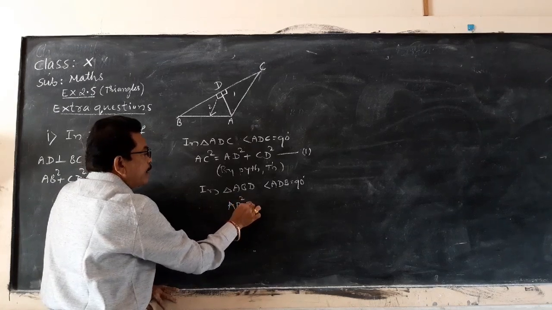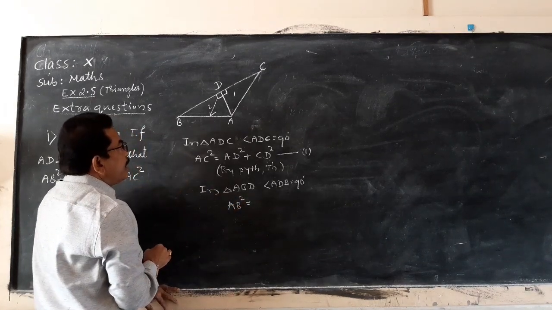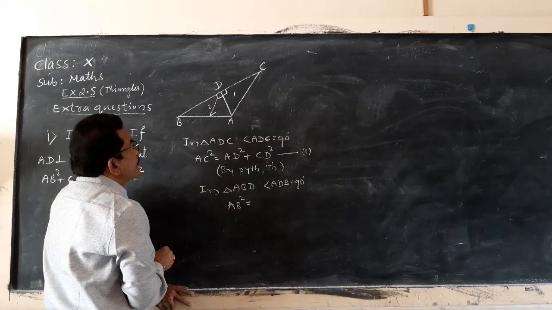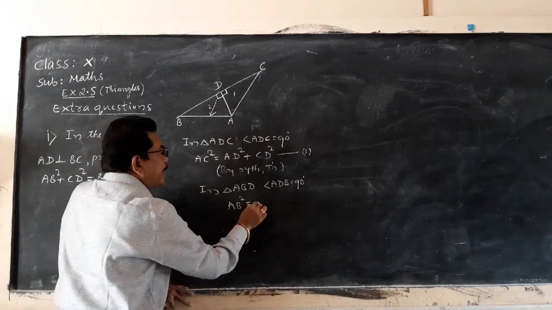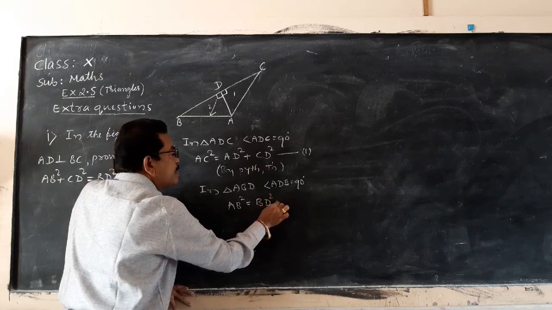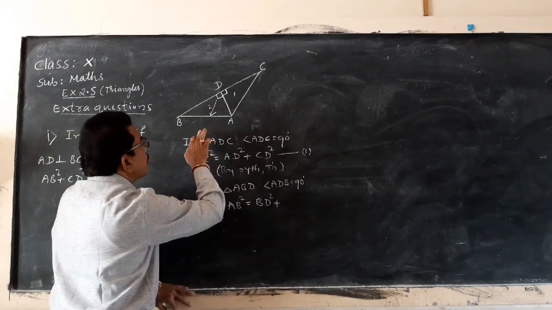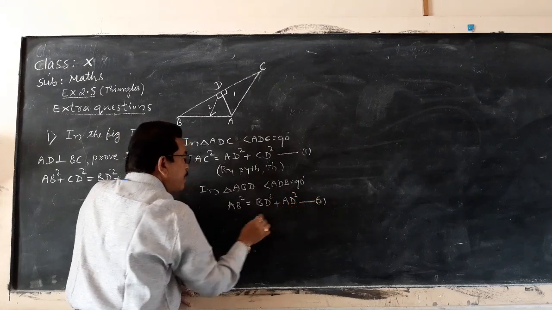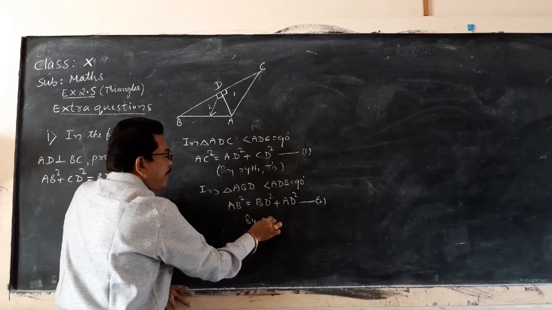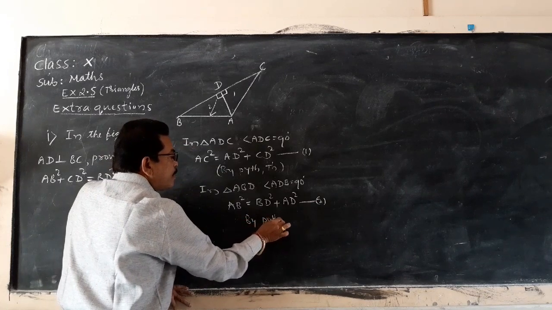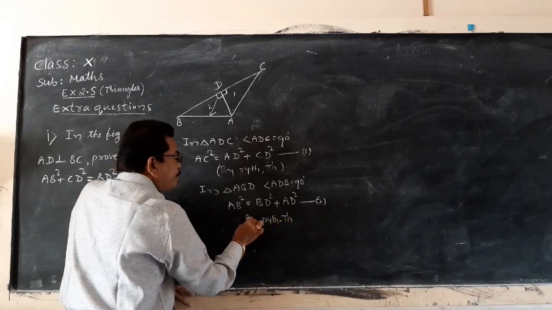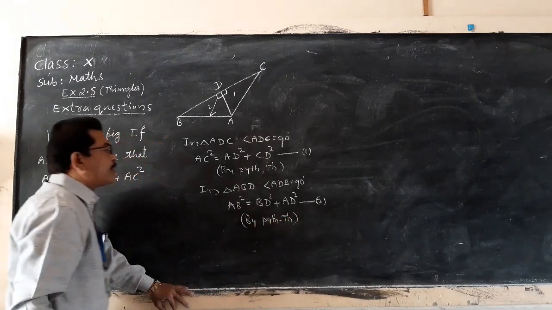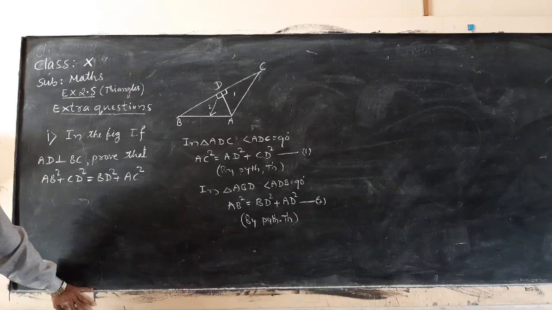So AB square equals BD square plus AD square, second one, by Pythagoras theorem. Now we have to prove this result.